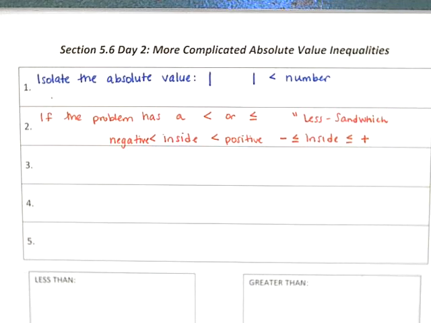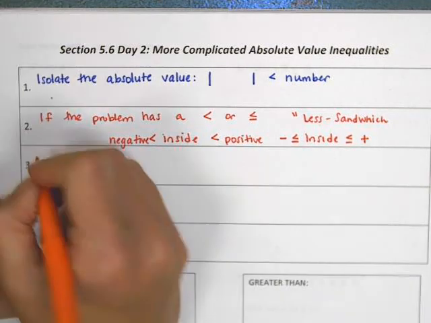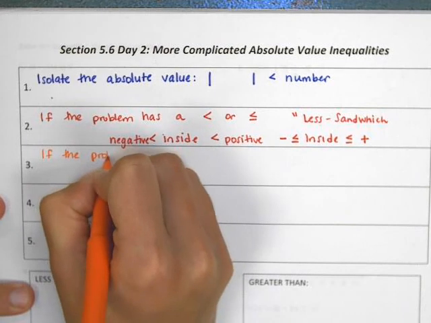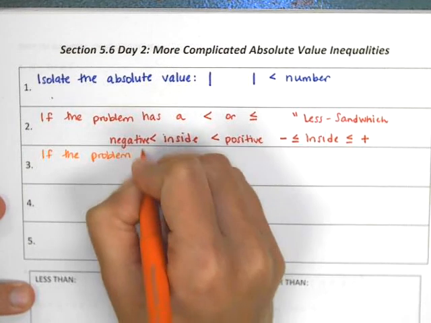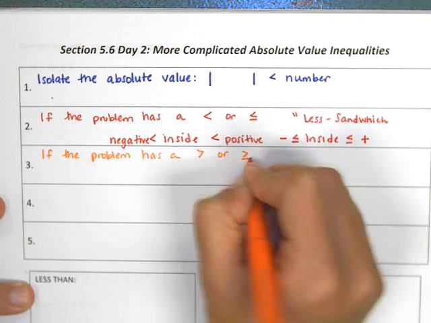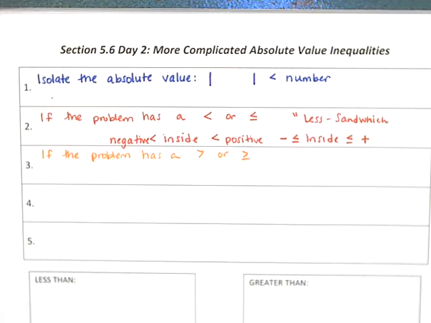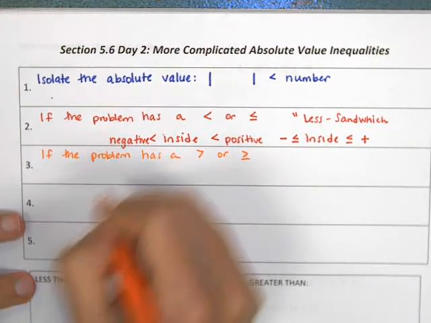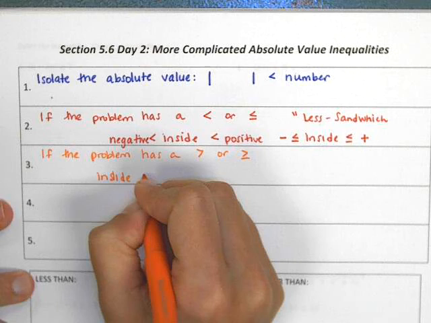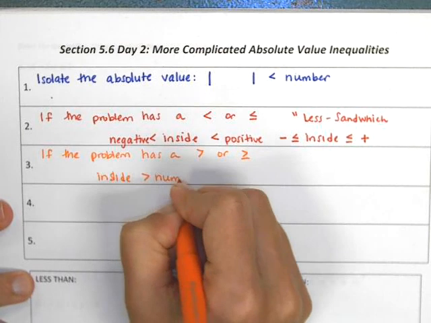Same goes here. Positive goes on the right, negative goes on the left. You're making a less sandwich. Now, if the problem has a greater than or equal to symbol, then you're going to make two separate problems. The first problem will be the inside stuff is greater than the number.